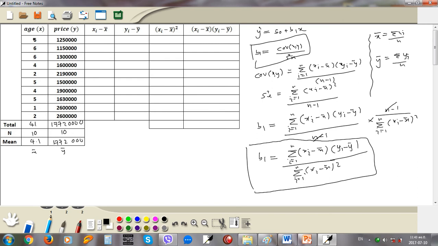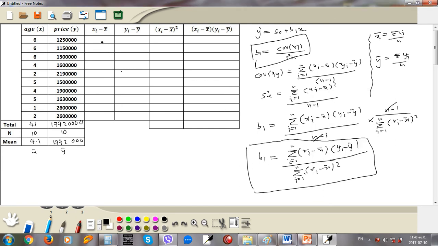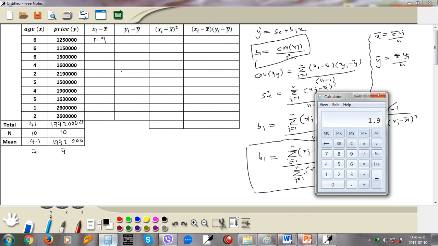Xi minus x bar means you have to subtract x bar from all of these terms. So xi is 6, minus our x bar of 4.1, gives 1.9 here.